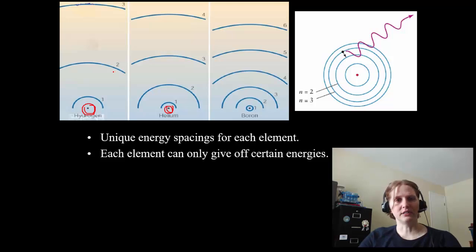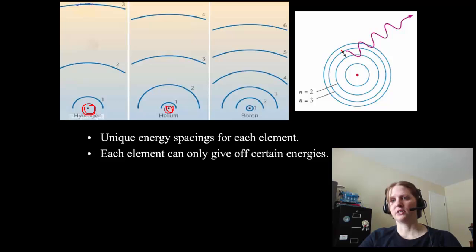So electrons, when they jump from 1 to 2 or 2 to 1, are going to either absorb or emit light. That's what this figure is over here on the right. If an electron was on energy level 3 here, that's higher up in energy.